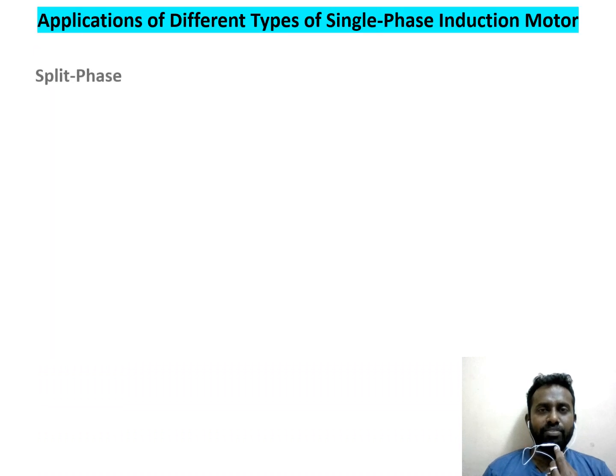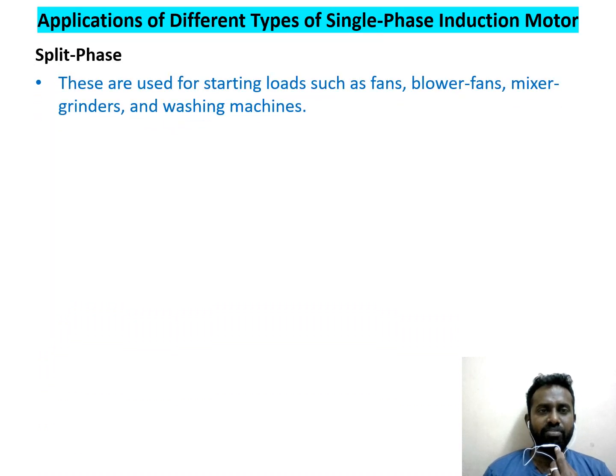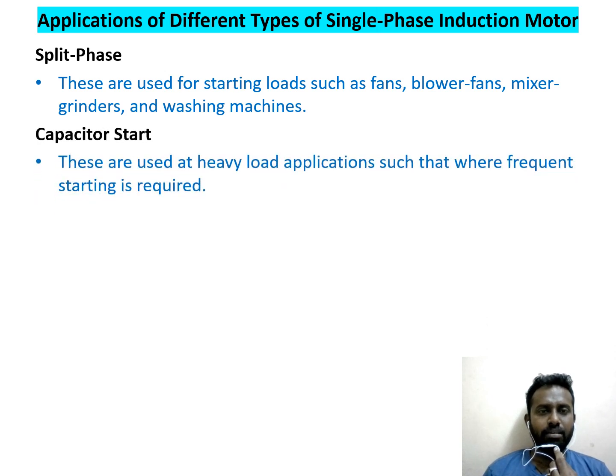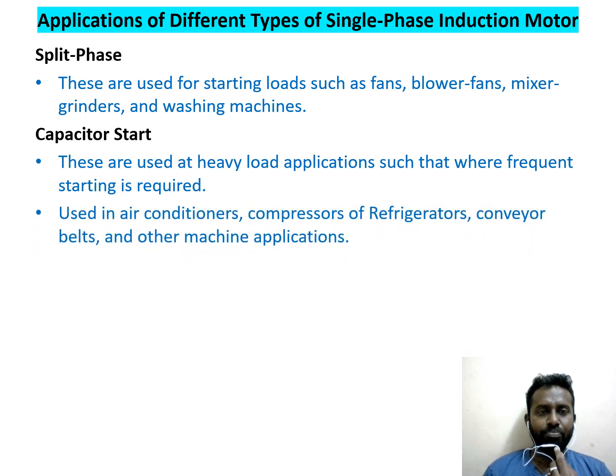Now, applications of different types of single phase induction motor. Split phase motors are used in fans, blowers, mixing grinders, washing machines, etc. Capacitor start motors are used for very heavy loads where frequent starting is required, in air conditioners, compressors, refrigerators, conveyor belts, and other machines.